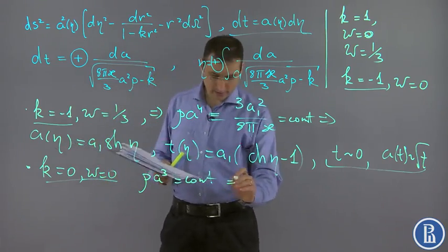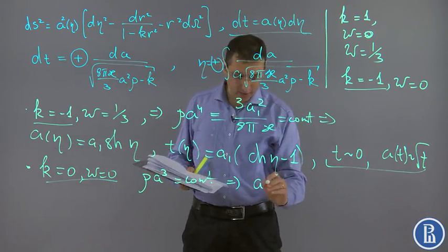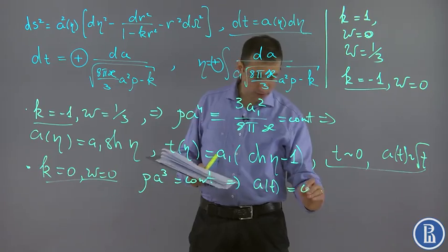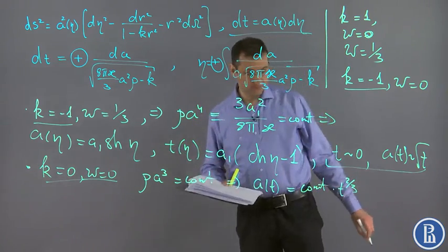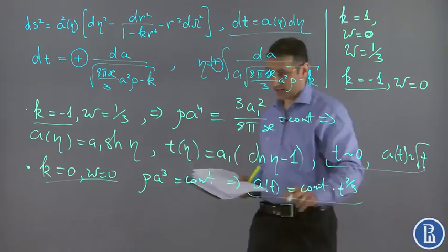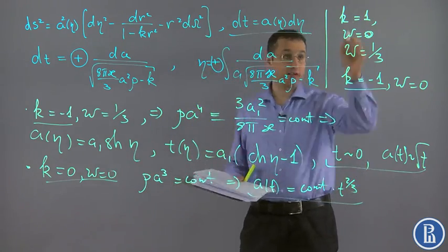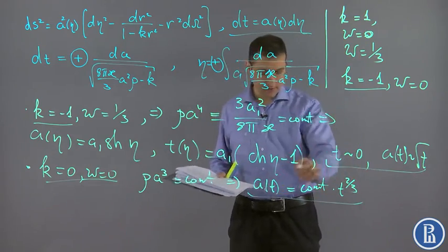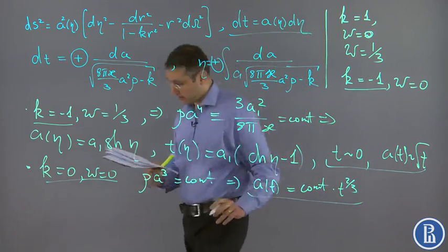And then, as a result, from the integration from here, we encounter that a of t is equal to constant times t^(2/3). For this case, this relation is always valid. For the other cases, such a behavior for the dust is only at the beginning of the expansion.